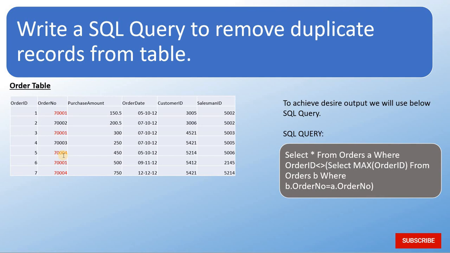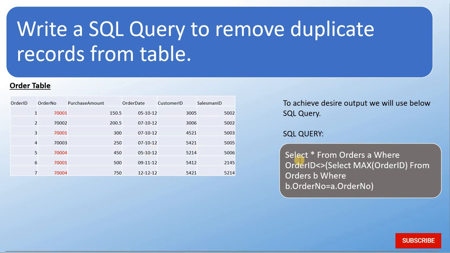So guys, before deleting, first of all I will select the duplicate records from SQL Server, and this is good practice before deleting records from a production server. First select, check, and cross verify the records.